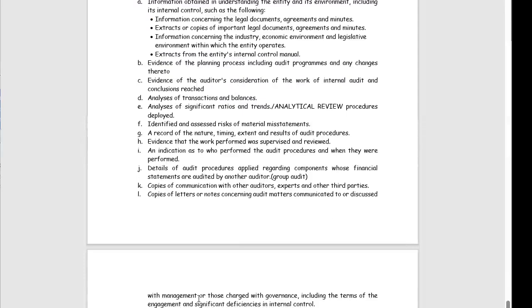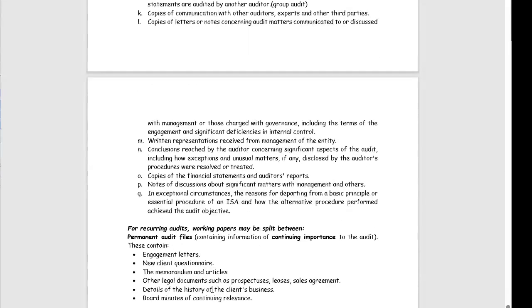Then L, copies of the letters or notes concerning audit matters communicated to or discussed with the management or those charged with the governance, including the terms of the engagement and significant deficiencies in internal control. Then M, written representation received from the management of the entity.